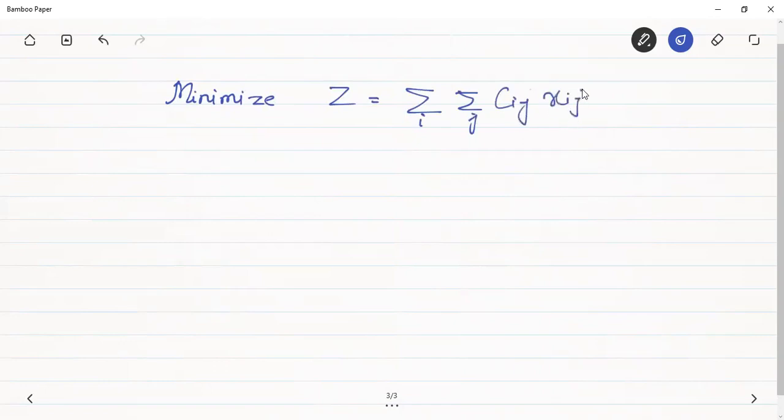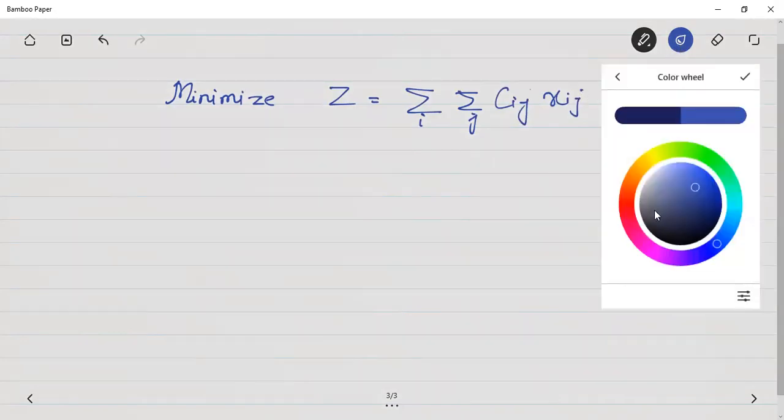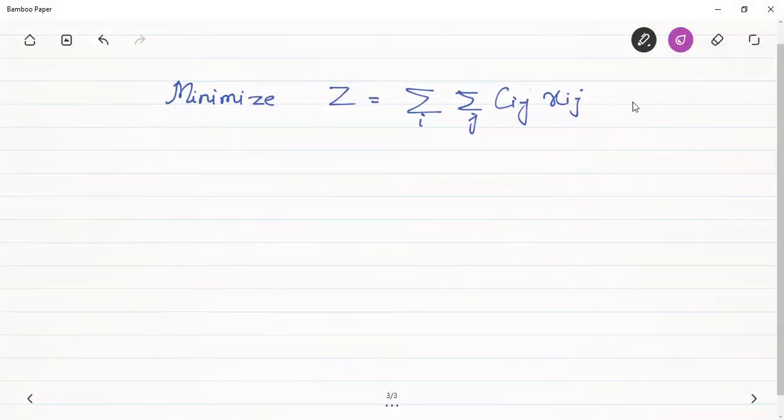It is similar to the transportation problem, but here the Cij and Xij carry different meanings. This is the objective function, and we know that every objective function in a linear programming problem is subject to certain constraints. Let us discuss what these constraints are.